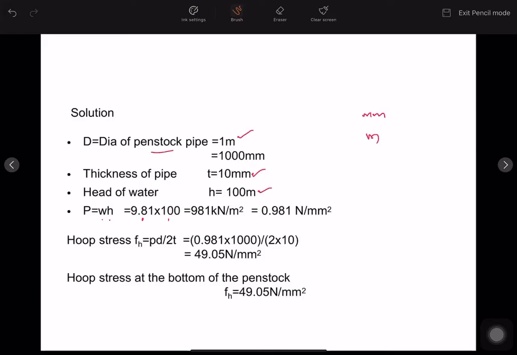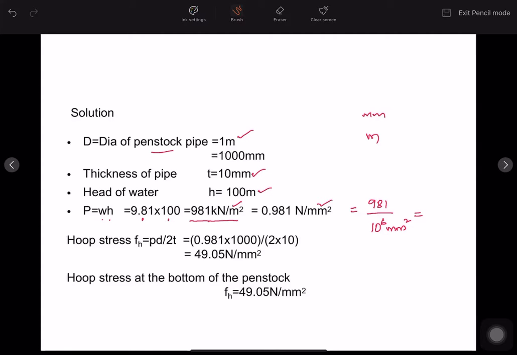So 9.81 into 100 will give 981 kilonewton per meter square, right? So if we convert this meter square into mm square, 10 power 6 goes to the bottom, 10 power 6 mm square.